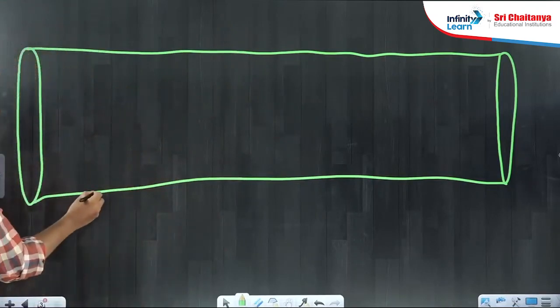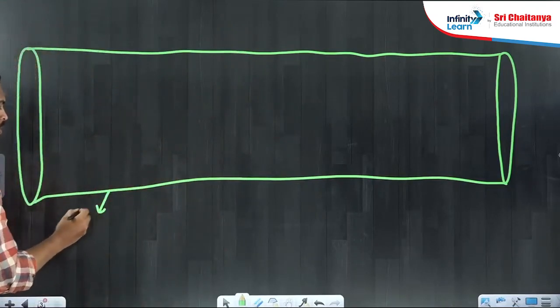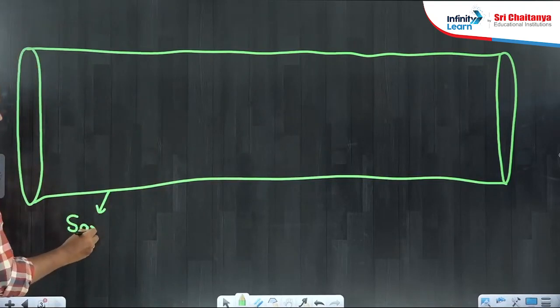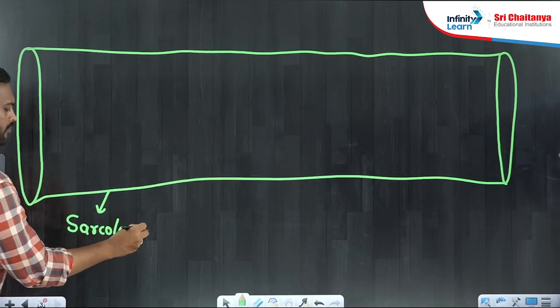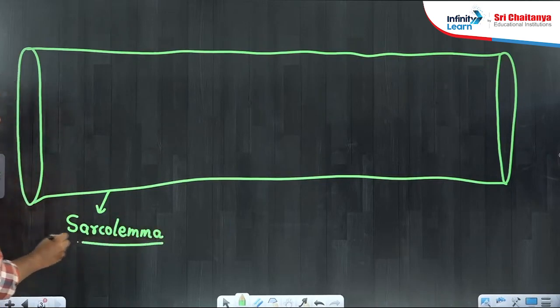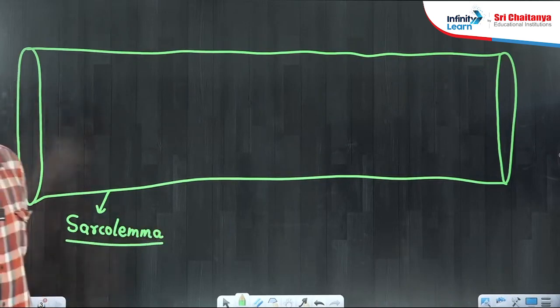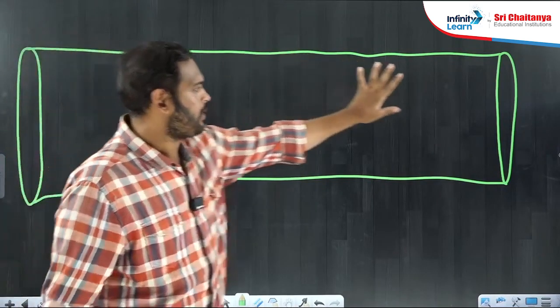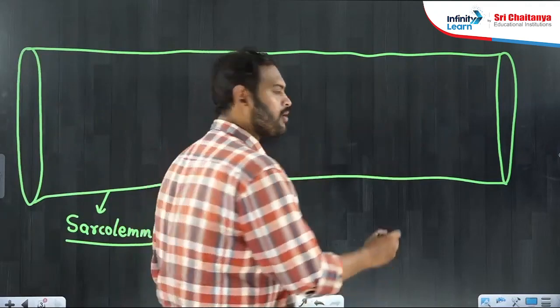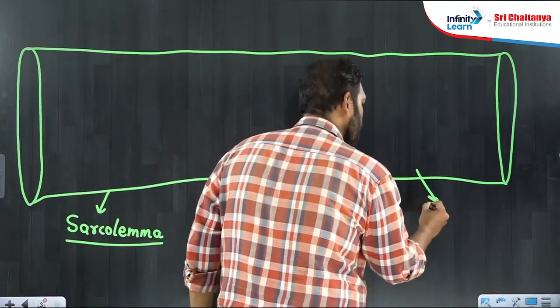So the plasma membrane of the muscle cell was called the sarcolemma. Sarco means muscle. At the same time, the cytoplasm inside the muscle cell was called sarcoplasm.